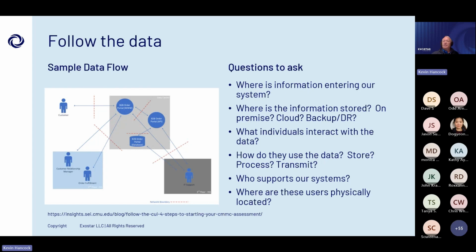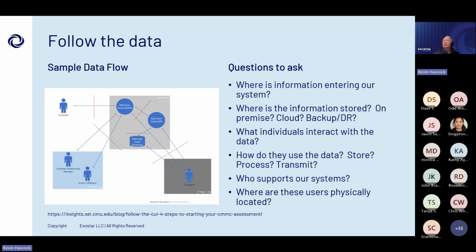And when you do that, and I would highly encourage everyone to do this, you're going to take a look at how controlled unclassified information enters your organization, who in your organization touches, manipulates, etc., that information, where they store it, where they manipulate it, all those kinds of things, and then how that information leaves your organization or your systems.